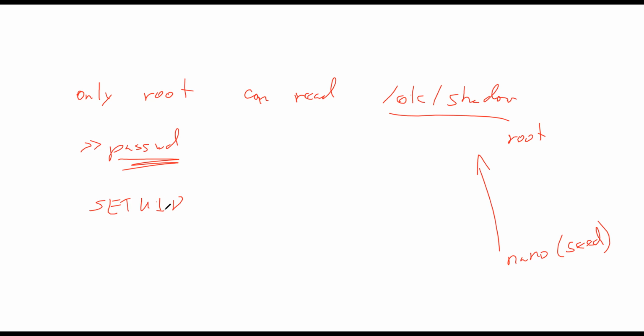Now, let's imagine int main. We're just imagining the Passwd program inside. And then what do you have here? You have a system call. You guys see that?